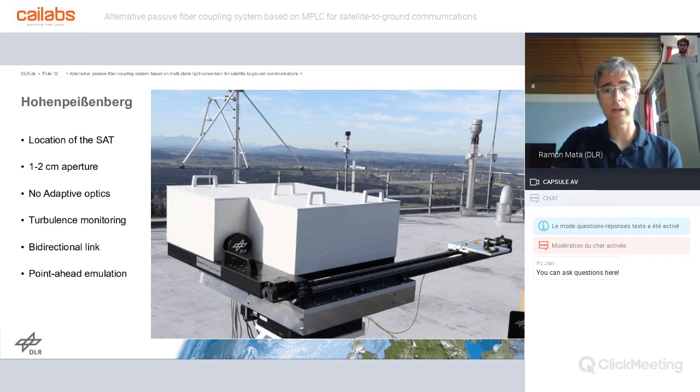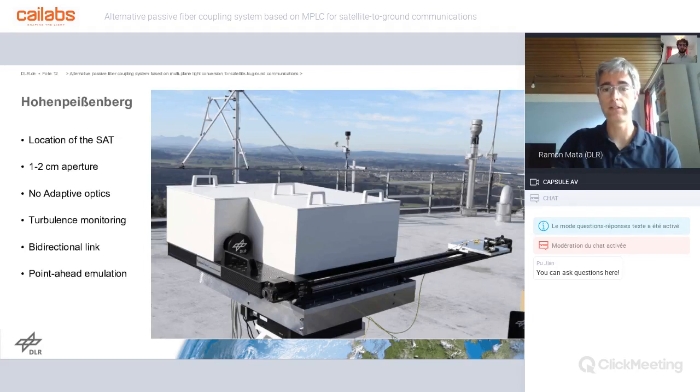The white box contains the whole optics and electronics. This black round tube with the logo is the entrance of the receiver part, which can also be directional and be the transmitter part. And then you see this linear stage with a collimator on top, which we can adjust. With that, we can also emulate the point-ahead angle when we do experiments.